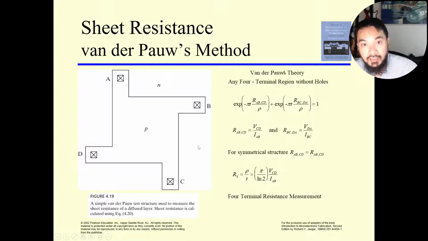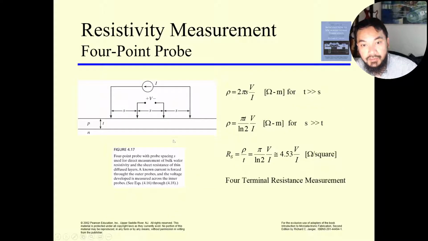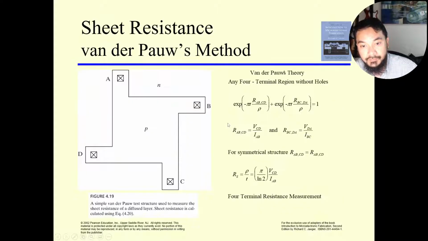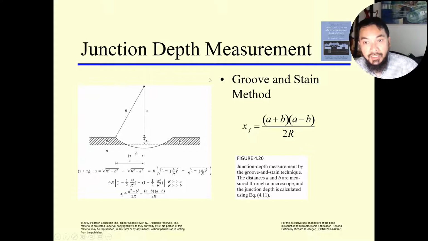Another method uses 4 points but in a different configuration, which is the van der Pauw method. In both methods, it's important to know the dimensions, for example the distance between the probes and so on.